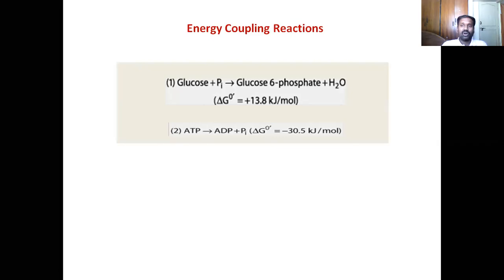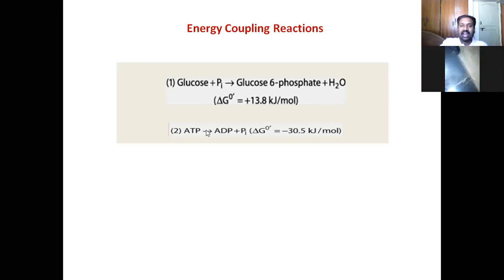But this endergonic reaction is vital for the cell's survival, because this is the first step of glycolysis, and no cell can survive without doing glycolysis. This vital reaction itself has become endergonic. So how to drive this forward? Then the cell uses the readily available energy currency in it, which is ATP.